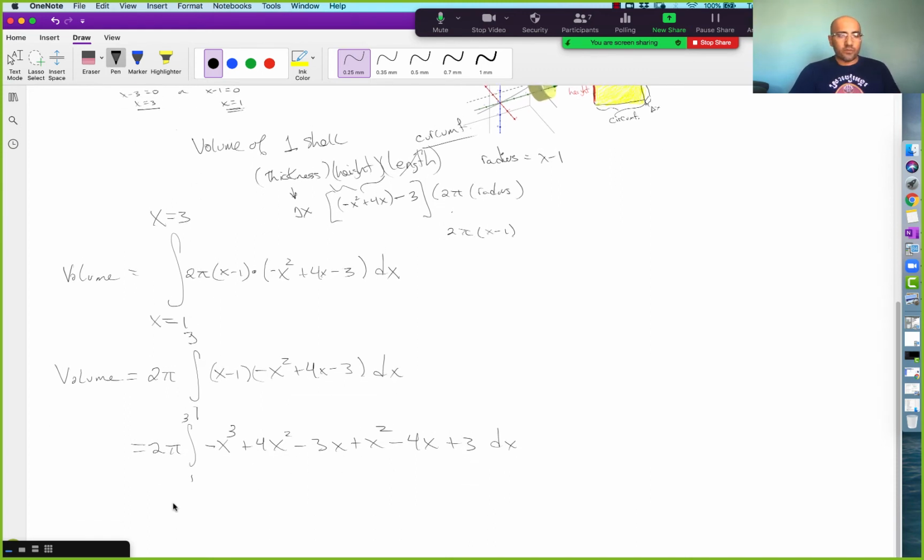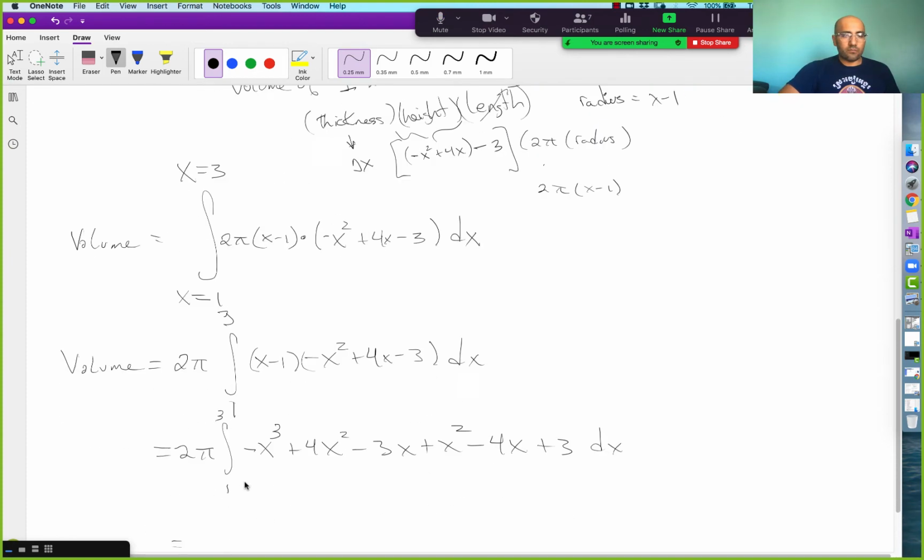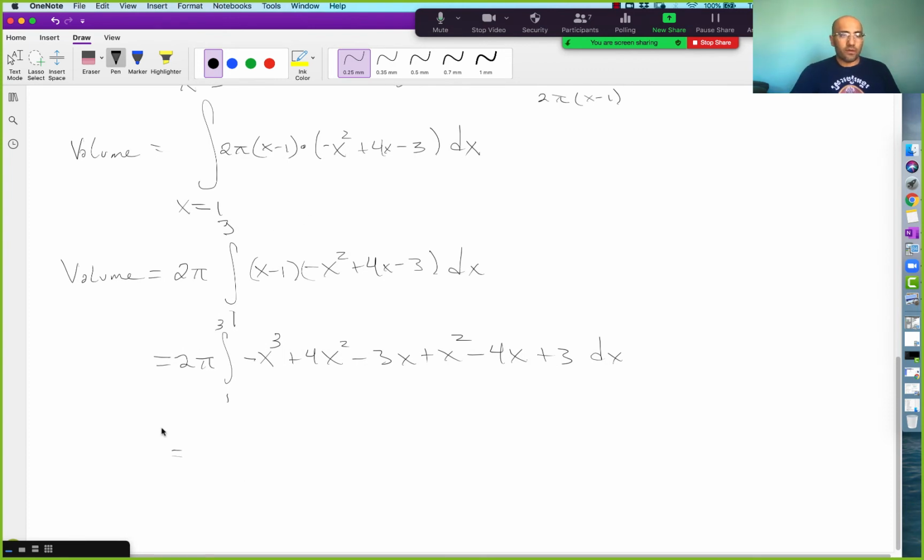Combining some like terms, we get that this is 2 pi integral from 1 to 3 of minus x cubed, and then the x squared and the x squared equals plus 5x squared, then minus 7x plus 3 dx. That's my volume.